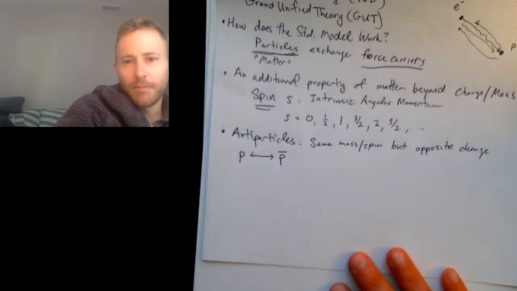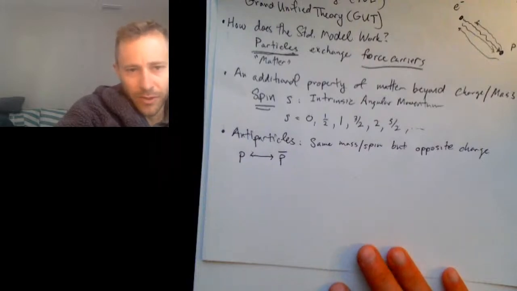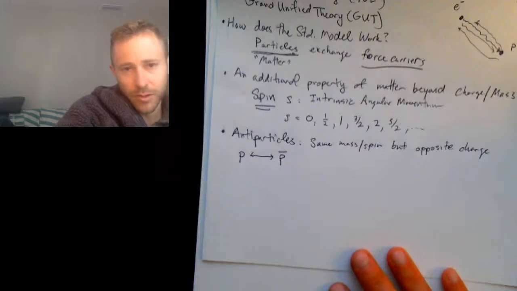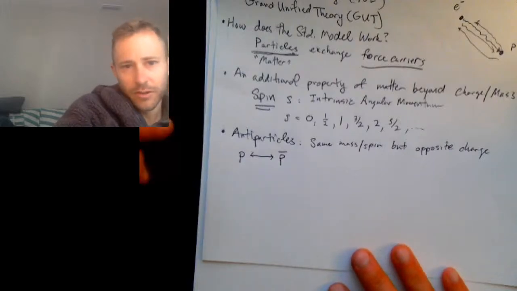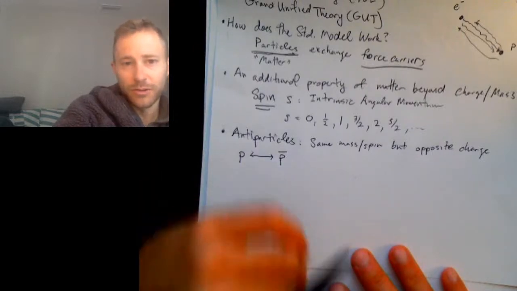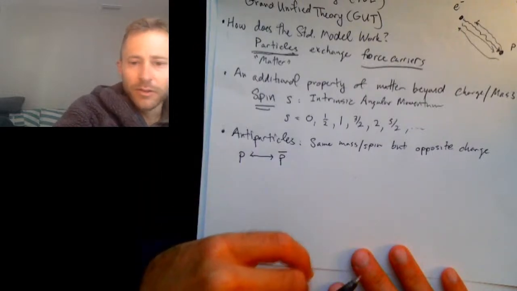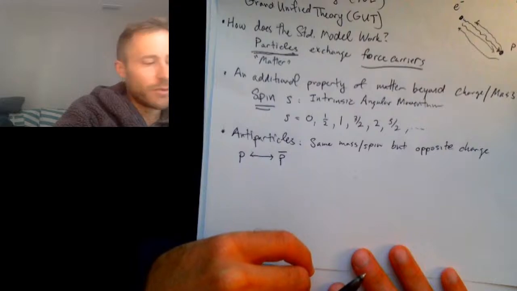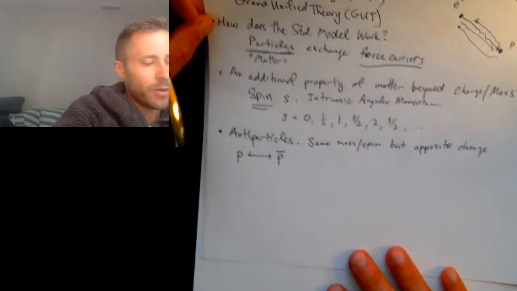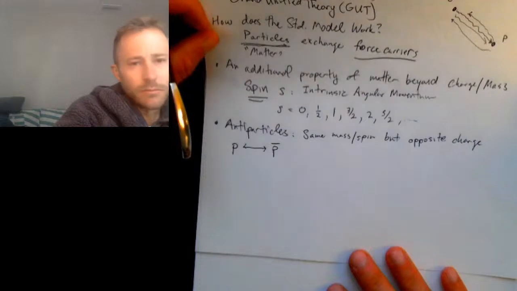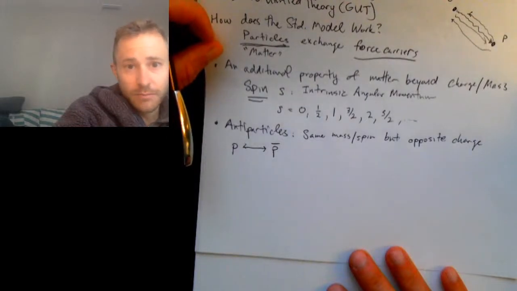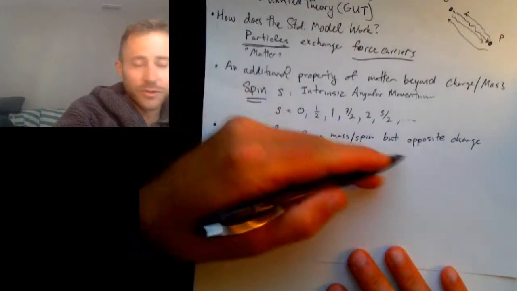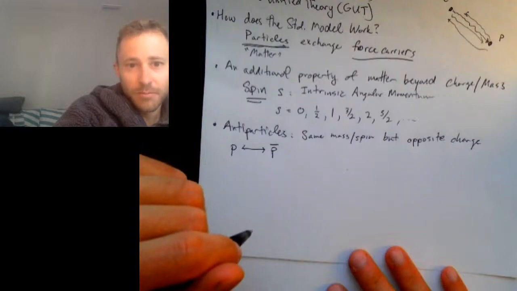So most of the particles that we are familiar with have antiparticles. So there's an antiproton, there's an anti-electron, which I said is called a positron. There are various antiparticles. There is an anti-neutron.